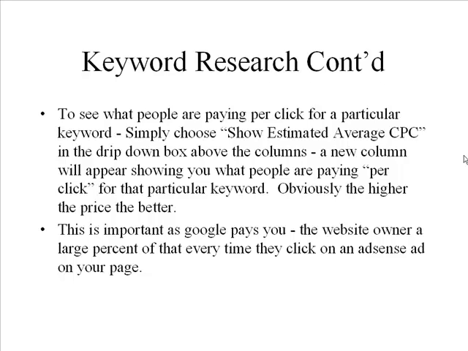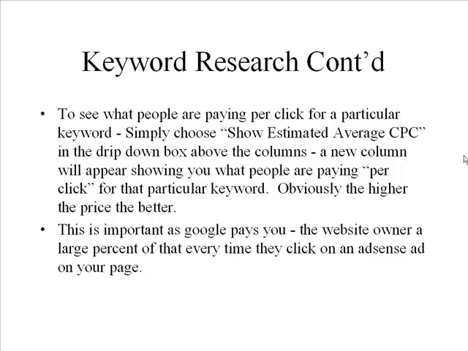The reason that's important is when you have an AdSense ad on your website and someone clicks on that AdSense ad, Google agrees to share a portion of what that advertiser has paid for that ad with you for displaying the ad. Google won't tell us exactly what that percentage is, but I've heard estimates anywhere from as low as 40% up to as high as 80%.